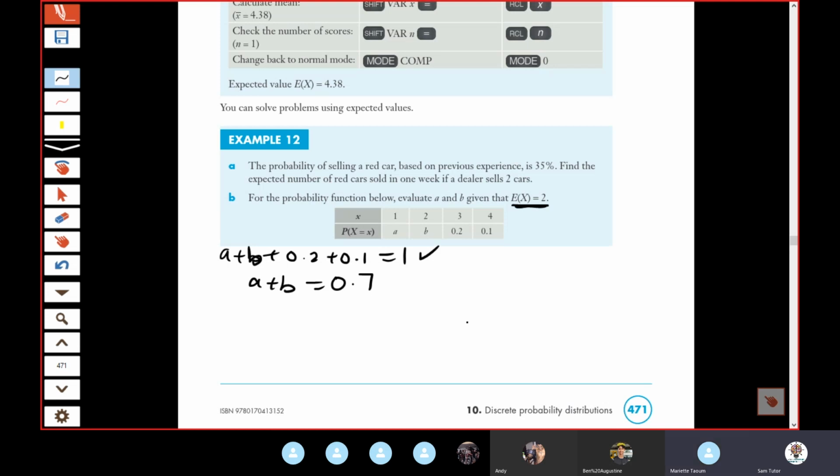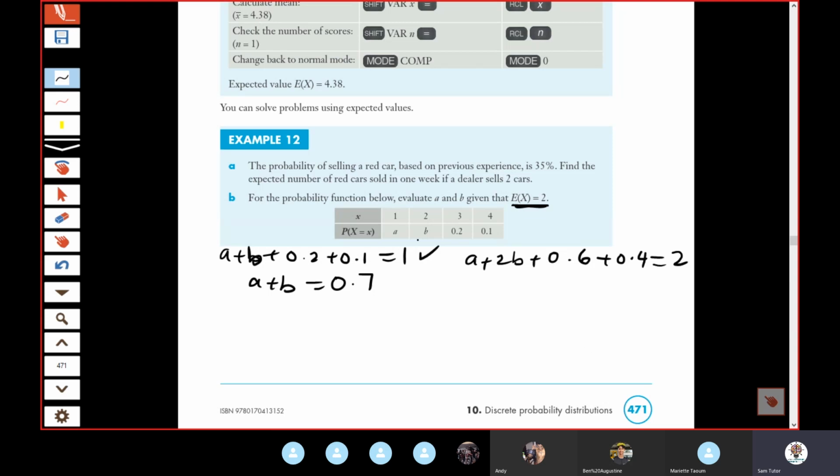E of x equals 2. So do you know how to do E of x now? This times this plus this times this, and so on. So 1 times A is A, plus 2B, plus 0.6, plus 0.4 is equal to 2.